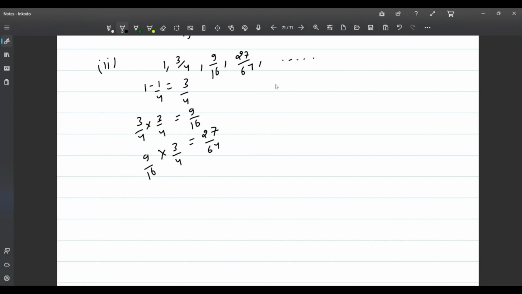If we check the common difference, D1 is 3 by 4 minus 1, which is equal to minus 1 by 4. And D2 is 9 by 16 minus 3 by 4, which is equal to minus 3 by 16. So we can see that D1 is not equal to D2. So it is not an AP.